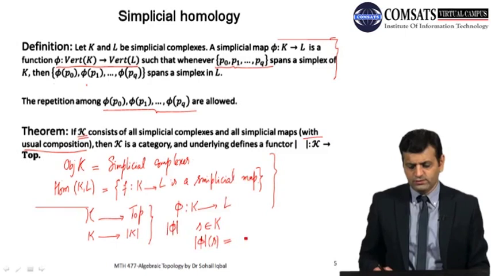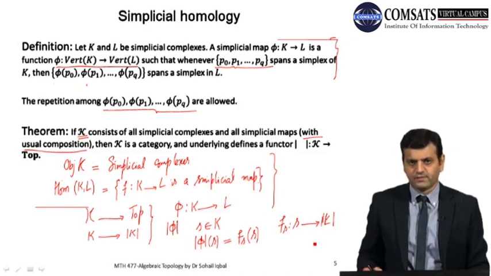Basically this is equal to Fs, the image of S under Fs. So what is Fs? Fs is basically a map from S to the underlying space of L.